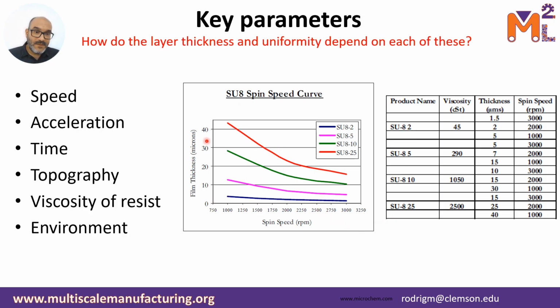So you have film thickness on the y-axis, and you have the spin speed on the x-axis, right? The spin speed over here goes from 1000 RPM to 3000 RPM. And in the different colors, you have the spin curves for the different formulations of SU8 of this particular series, right? So you have SU8 2, SU8 5, SU8 10, and SU8 25, right?